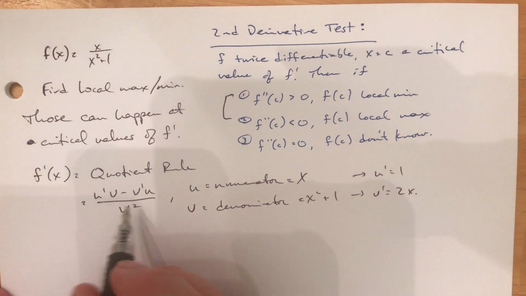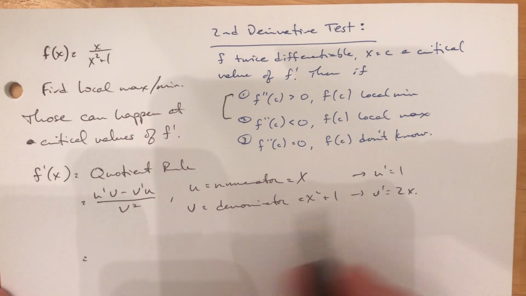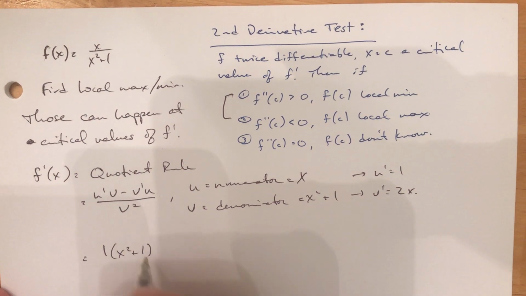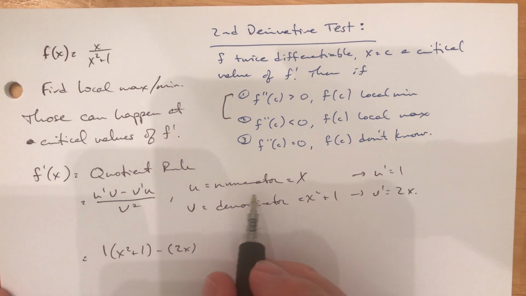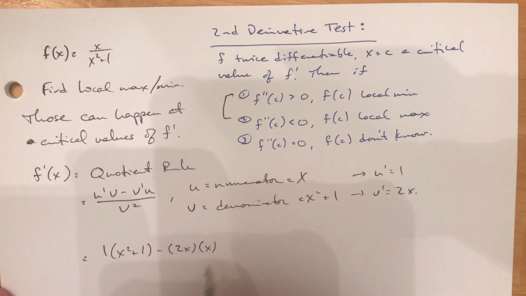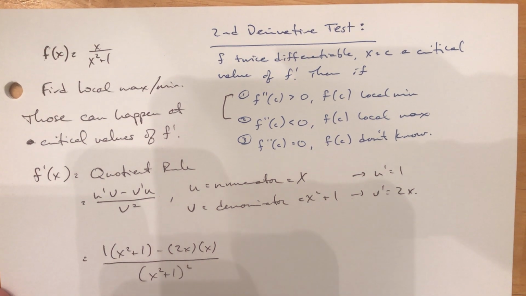Throw all four of those at our formula, and we get 1 times x squared plus 1, minus 2x times x, all divided by x squared plus 1 squared.